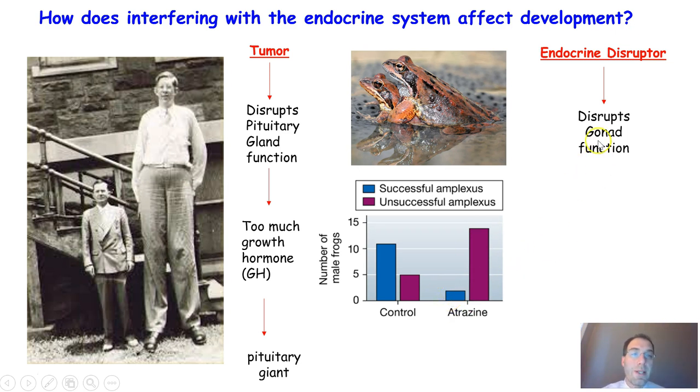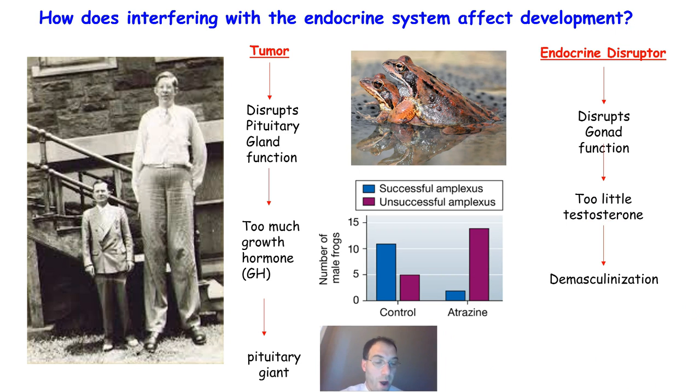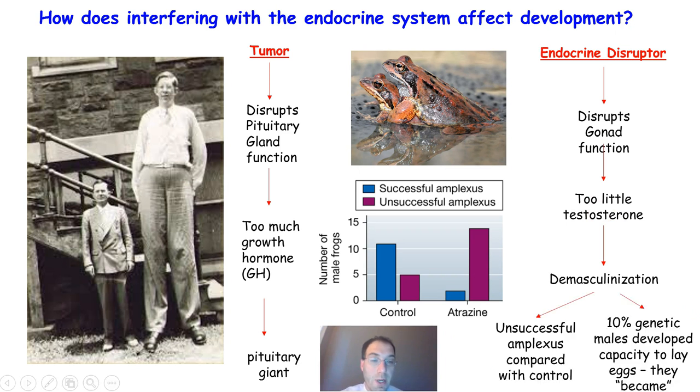This endocrine disruptor, atrazine, disrupted gonad function, which is critical for producing, in males anyways, testosterone and giving them the ability to perform mating rituals, and not only that, to become a male. When there's too little testosterone, the frog will go through demasculinization.